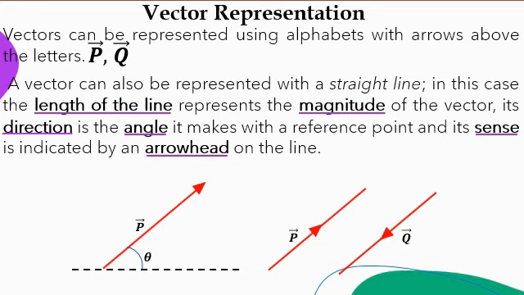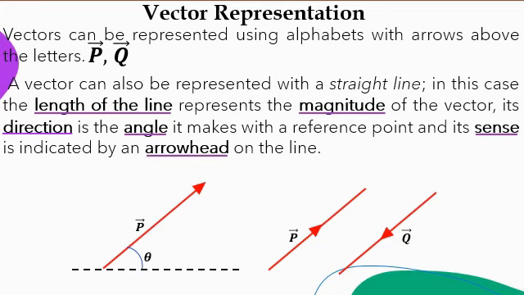So if we want to be more detailed and technical, even if their angles are the same, we won't say that these two vectors have the same direction. So your sense and your angle give you a complete idea of what the direction of your vector is.